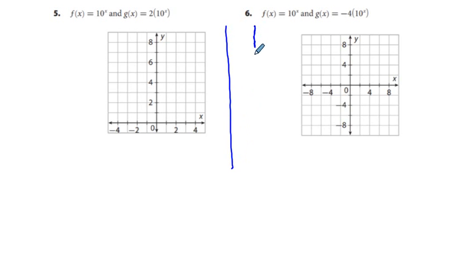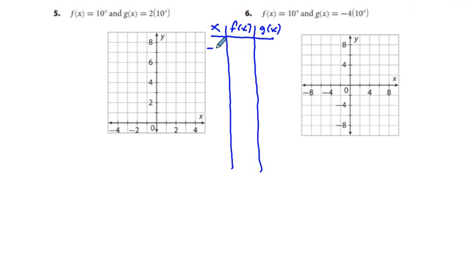Let's go ahead. I'm going to do the same thing as a 3-column table. So I'm going to put x and f of x and then g of x here. Now what's going to happen, because of 10 to the power of x, that's going to amplify how fast that function increases.